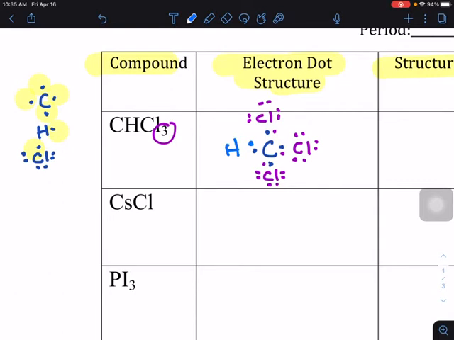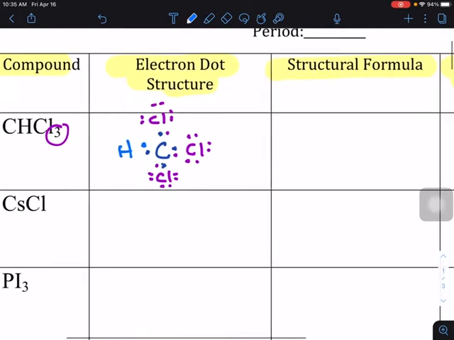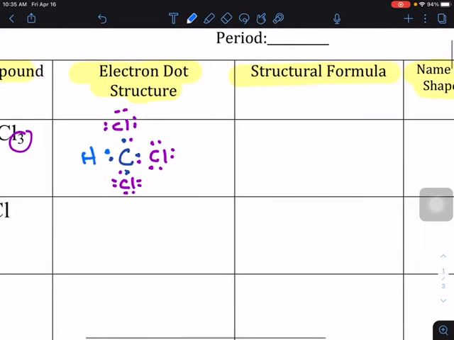I just put the different colors for the different atoms and their valence electrons so you can see where they're coming from. Okay, the structural formula for this, we're going to have carbon at the middle, and each one of these lines represents a covalent bond, where the electrons are being shared together. So there's a covalent bond where carbon is sharing 1 electron with chlorine, and it has its 7 valence electrons.